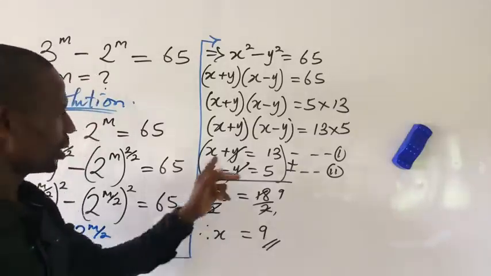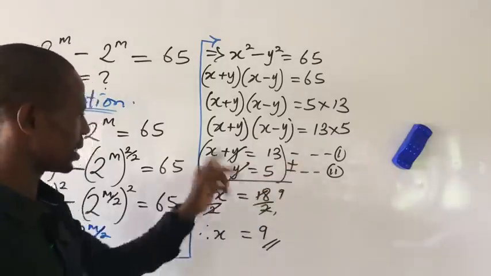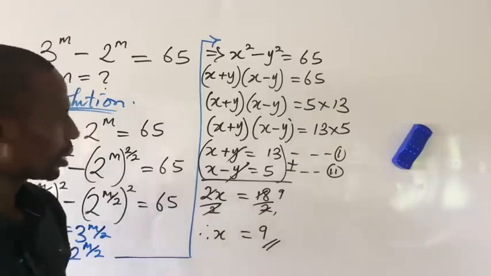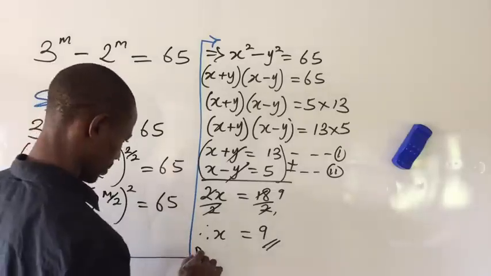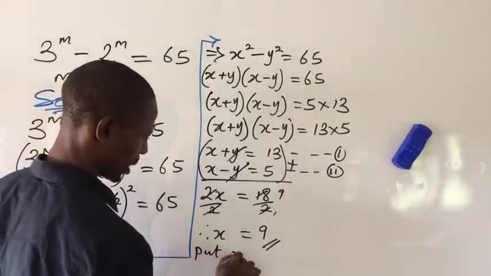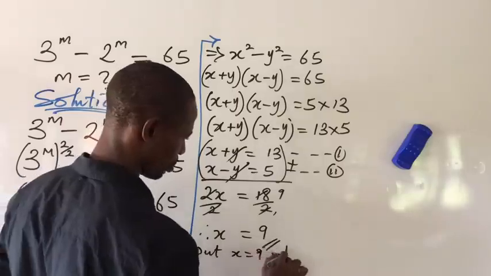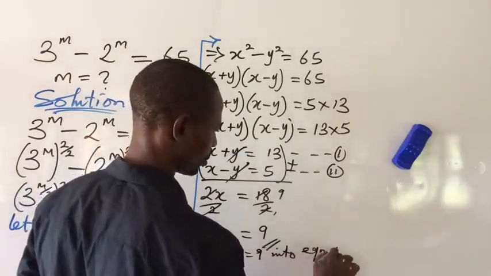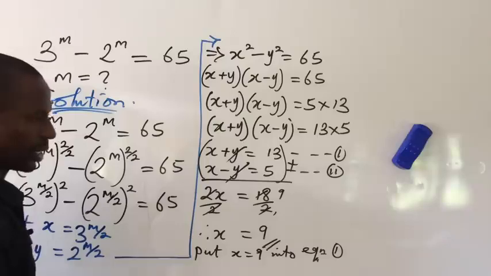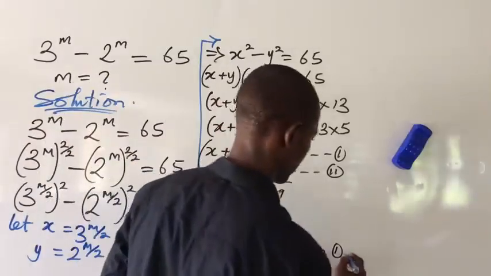We can put x into either of the equations, but let's take equation 1. So from here we'll put x = 9 into equation 1. Look at our equation 1 here. What does that mean?